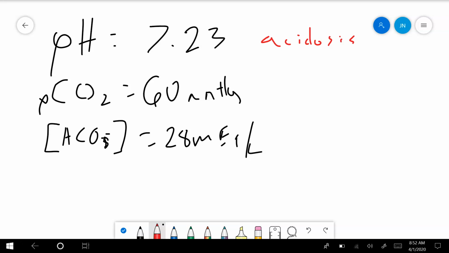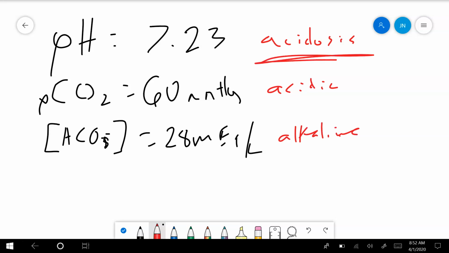All right, so carbon dioxide's high. It's higher than 45. Bicarbonate, also high. That's alkaline. Now, pH tells you that it's acidosis. The respiratory condition here is acidic. That makes this respiratory acidosis.